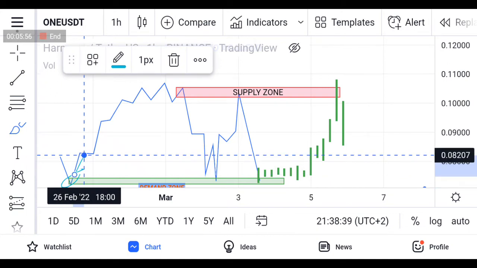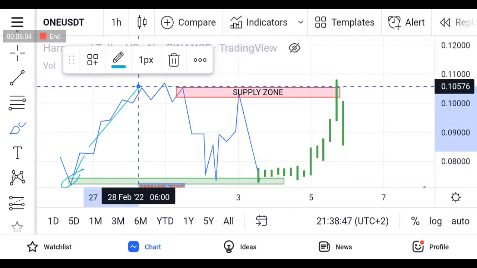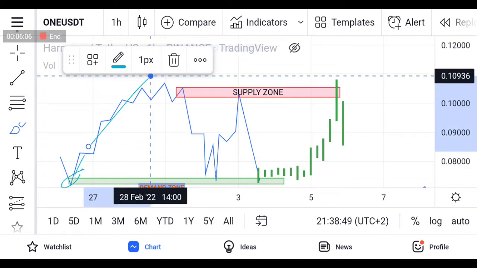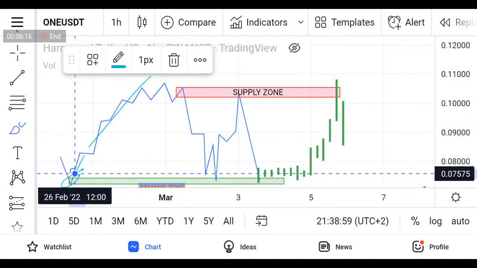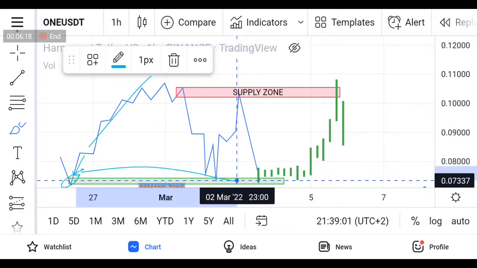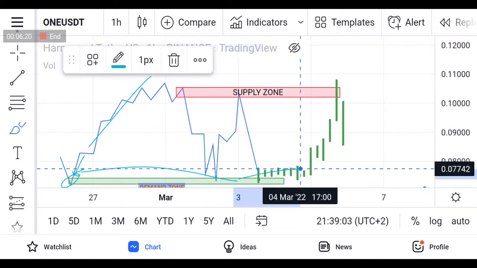The market moved up. Once you see that, instead of chasing the market, you just draw this zone here and extend it.